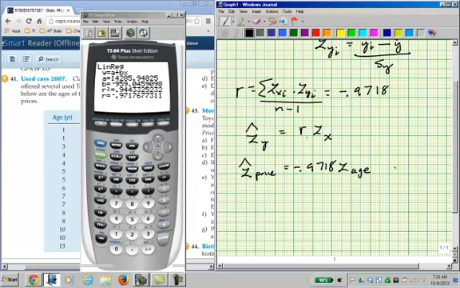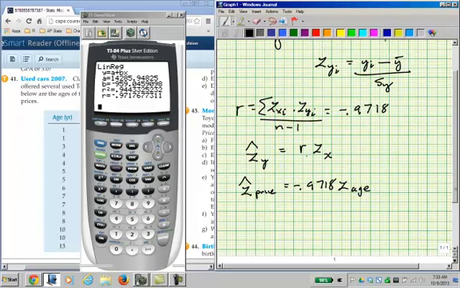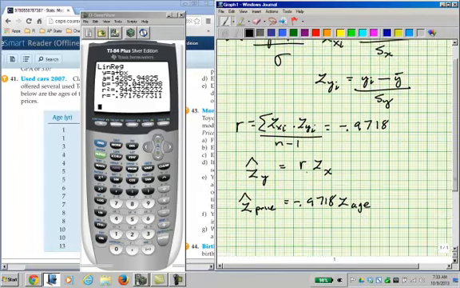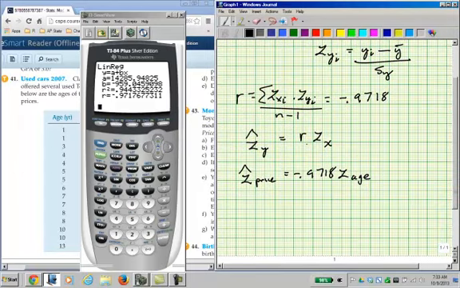Now, where do we go next with this? Well, we're ready to take the next step, which is to construct a line of best fit. And the line of best fit is estimated price.